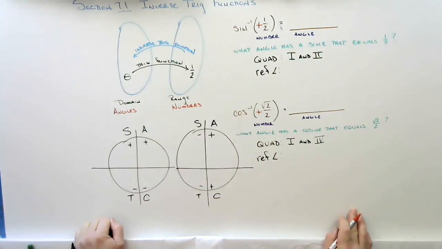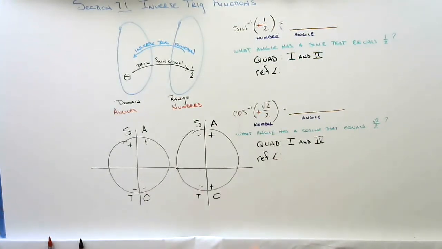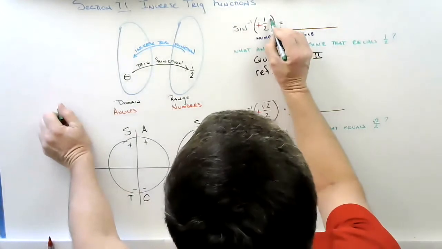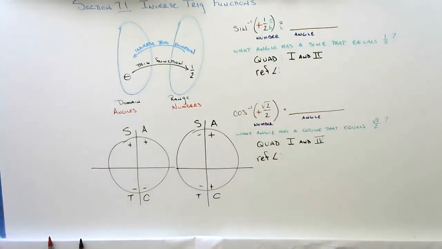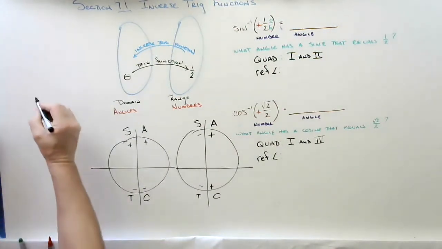Okay. Now we need a reference angle. Well, how are we going to find a reference angle? Same way we always find a reference angle. We're going to look at this and say that's sine. Sine is opposite over hypotenuse. And we're going to write down our special triangles over here.